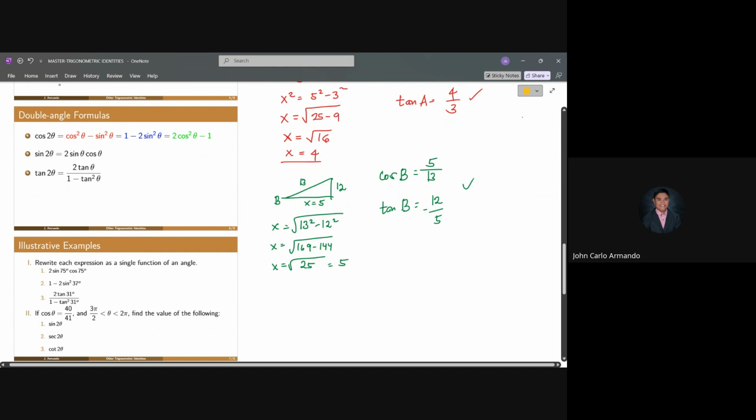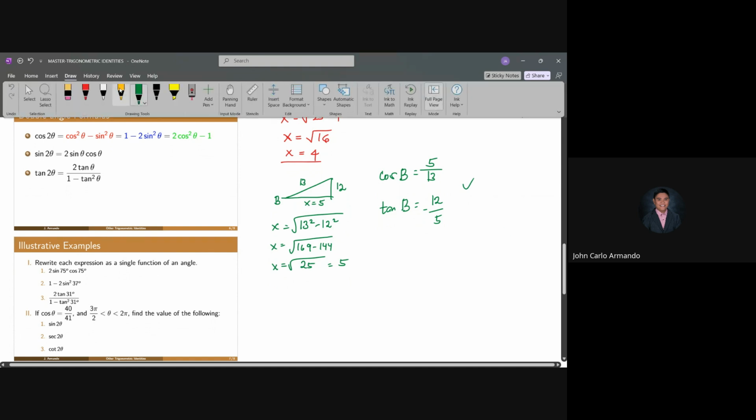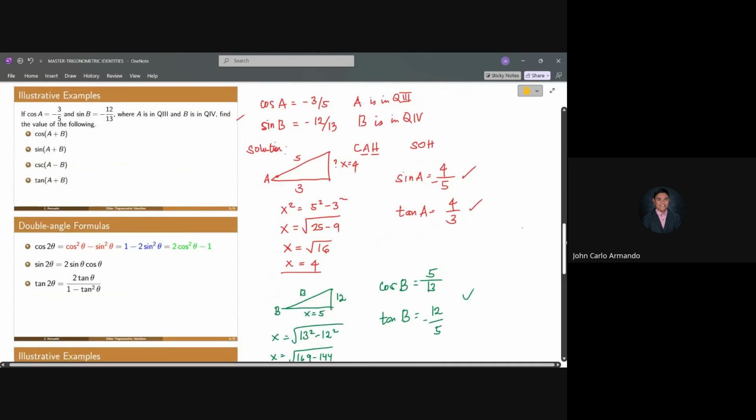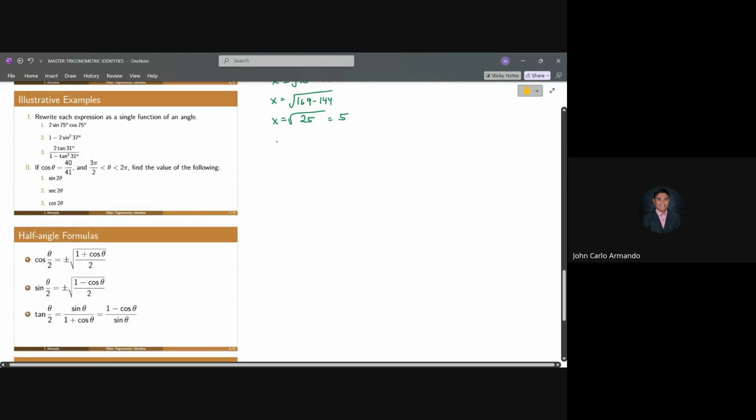We can now solve for the given problem, and that is the value of cosine A plus B. So what is the value of cosine A plus B? Simply use the formula. Cosine A plus B is simply cosine A cosine B minus sine A sine B. And what is cosine A?